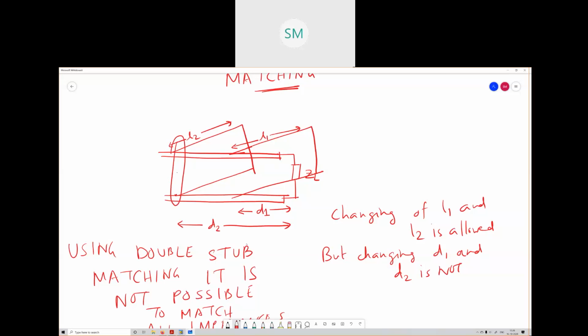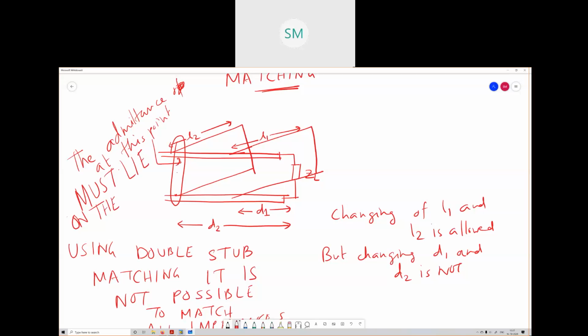The admittance at this point must lie on the circle. Is it okay? Then, as he said, we put a stub of admittance minus jB and we have matched. Okay, any questions so far?